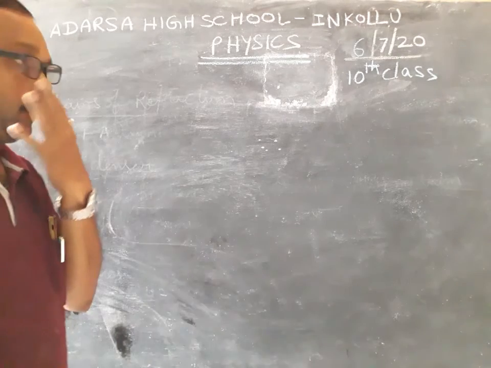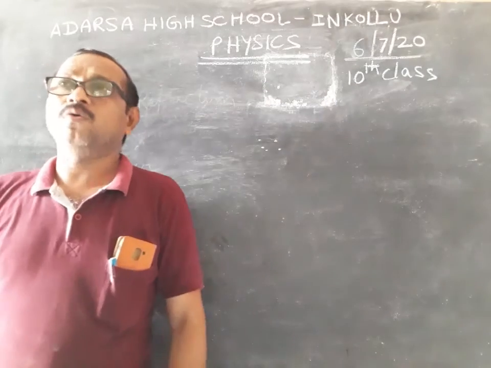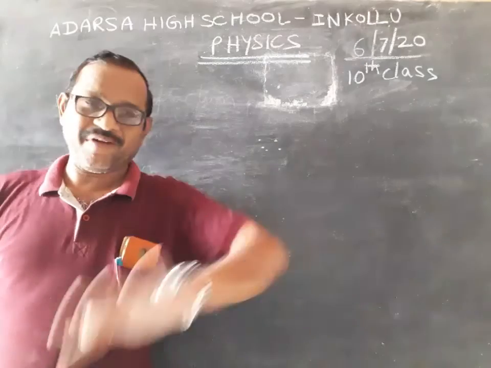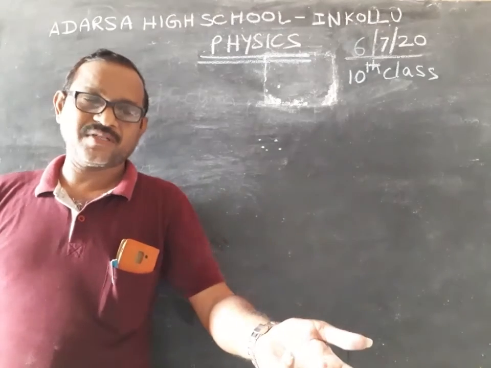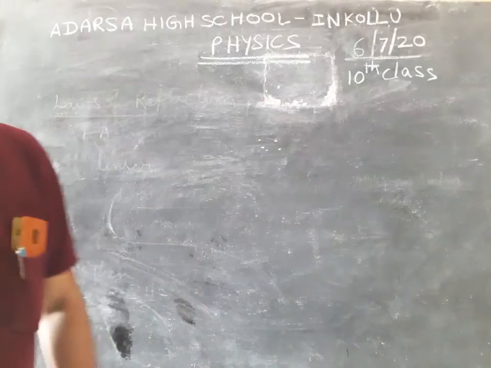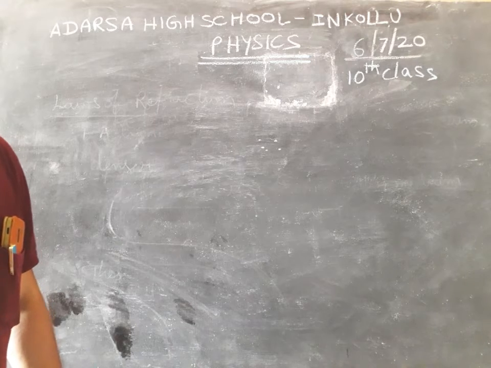Now I am going to show how light ray bends towards the normal and away from the normal in the curved surface, that means convex surface and concave surface.